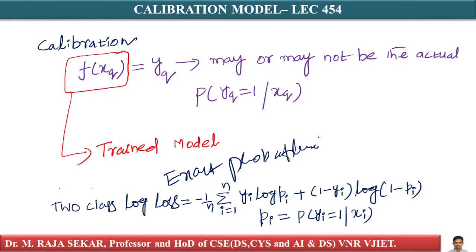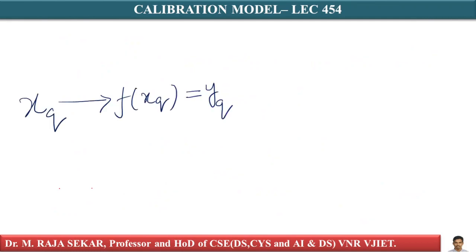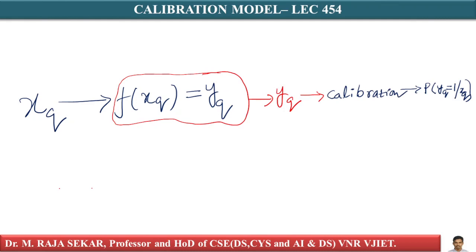But if your model is returning a function like f of x equal to yq, what is your function doing? Given xq, it returns yq, isn't it?